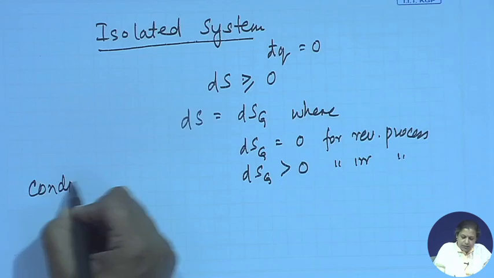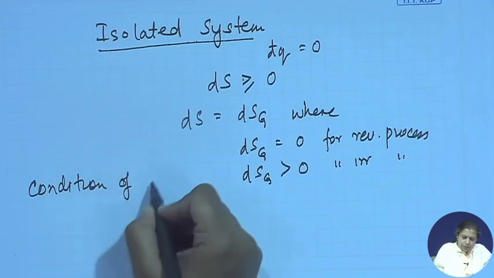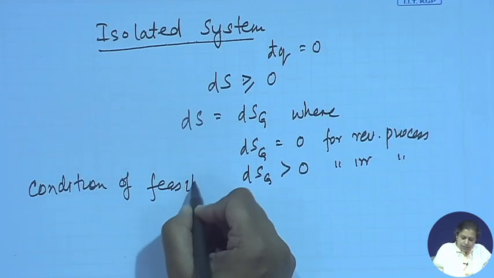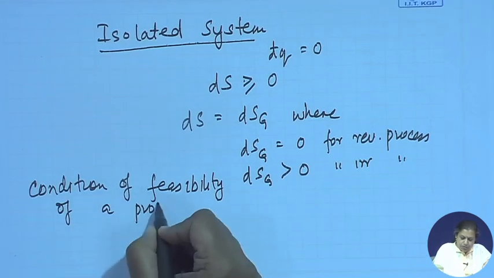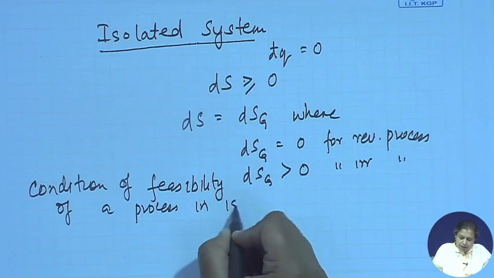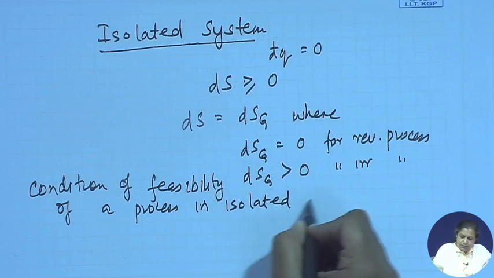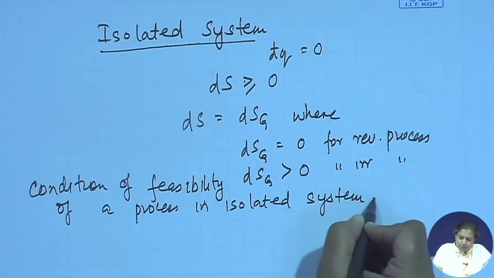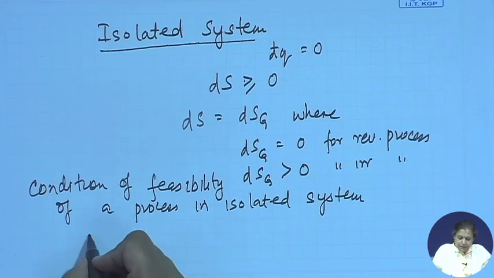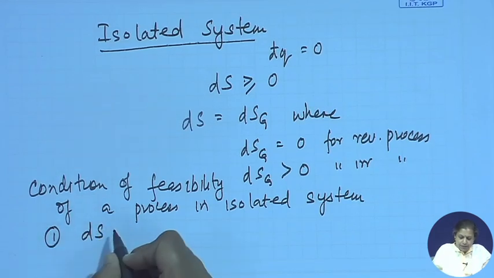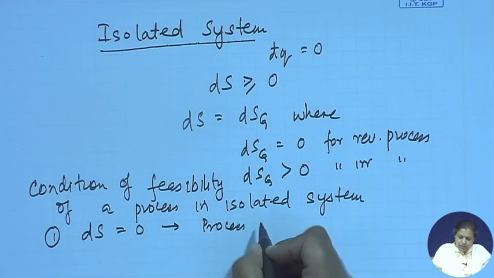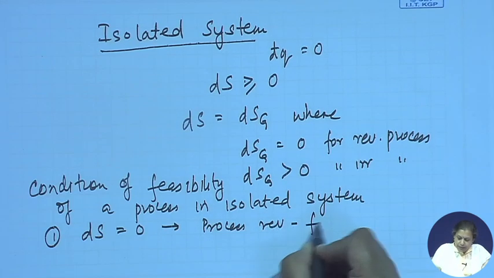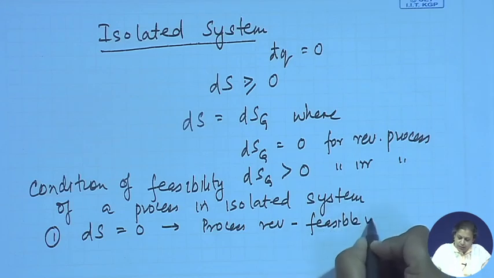So, from here, what is the condition of feasibility of a process in an isolated system? We find that if ds is equal to 0, we know that the process is reversible, it is feasible in both directions.